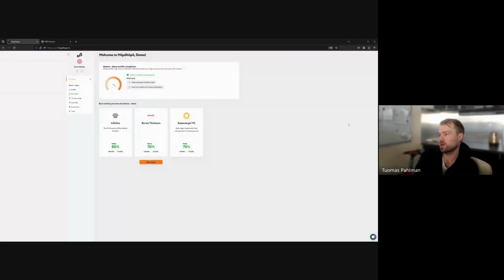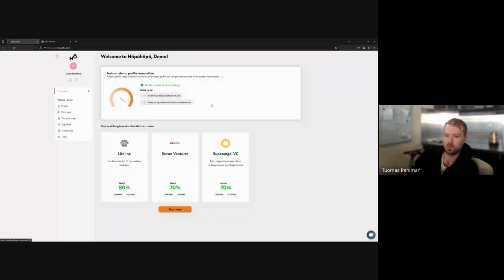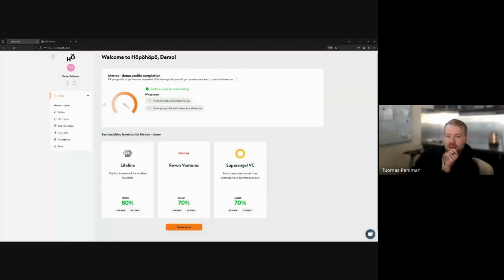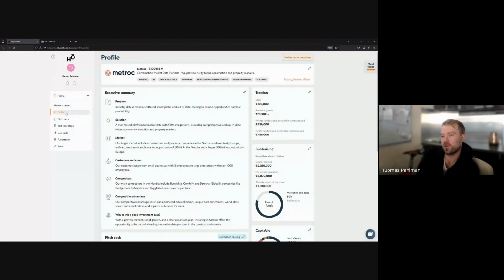So what you can do in our platform, and what we're aiming at, this is a demo account actually made from one of my portfolio companies. When you create your profile in the platform, the profile is built so that the details investors naturally want to see are there: what's your MRR, what are your traction numbers?